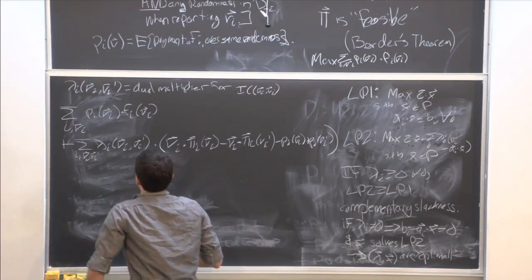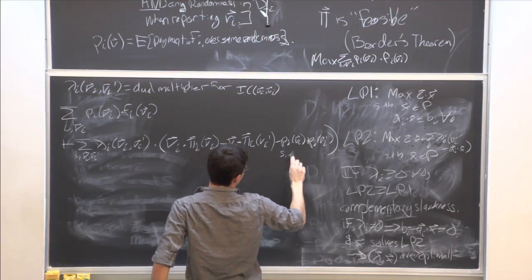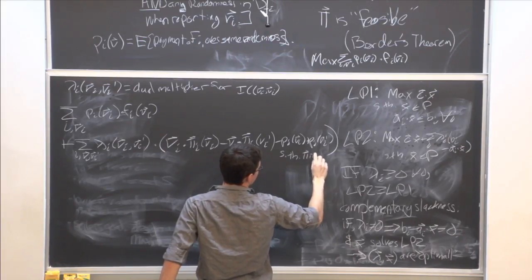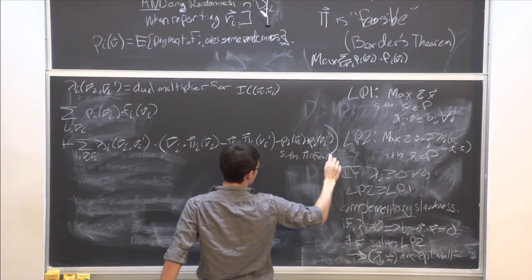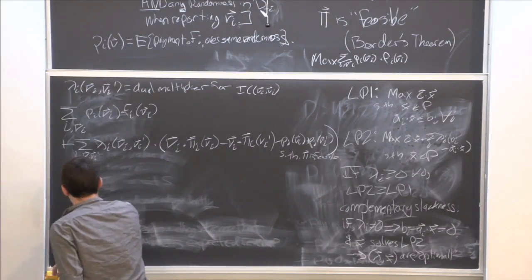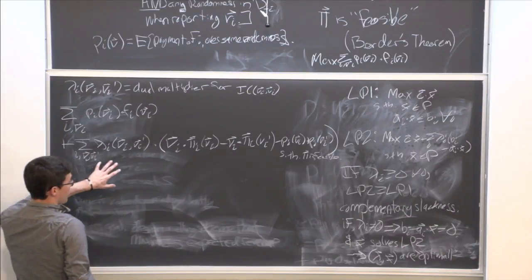Okay. And this is all such that pi is feasible. Okay, so this is not super interesting so far.